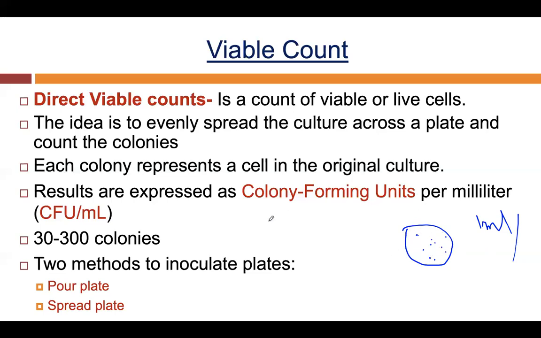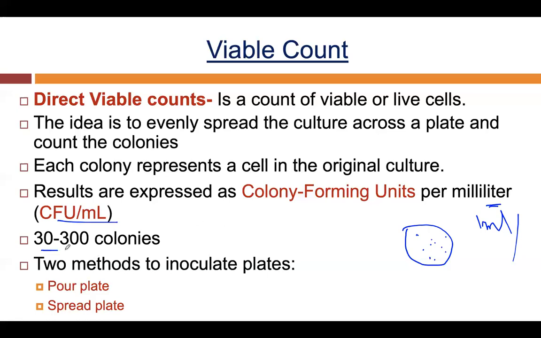That would be the colony forming units per liter of water. But I said 1 liter of water, and we cannot really put that much water on a plate, right? So basically we go by a very diluted form, in milliliters, and that's the unit. So CFU per ml, that's what we count.